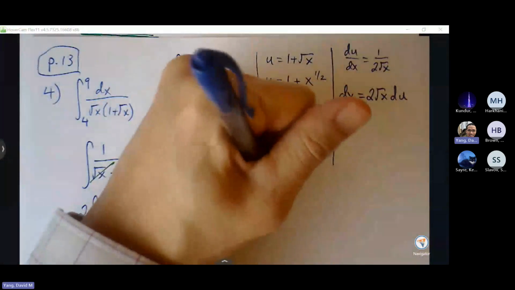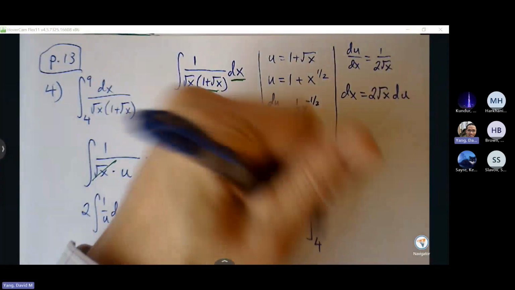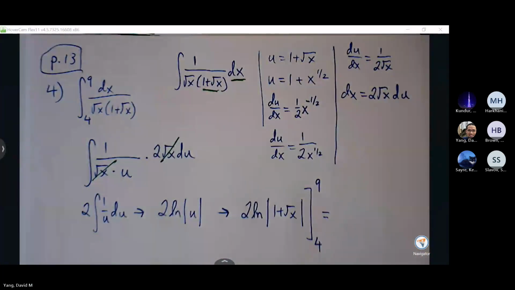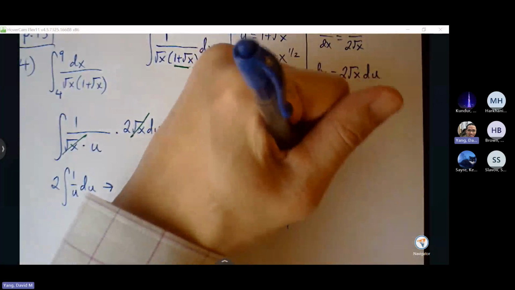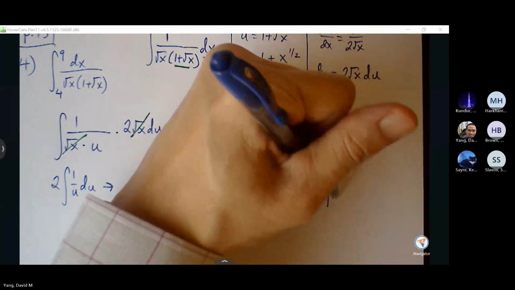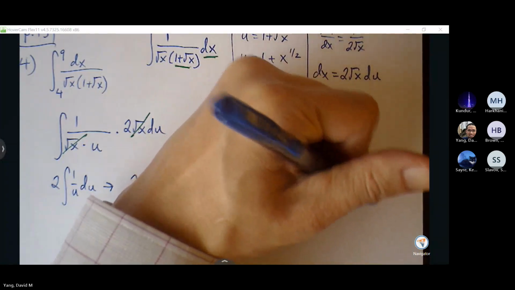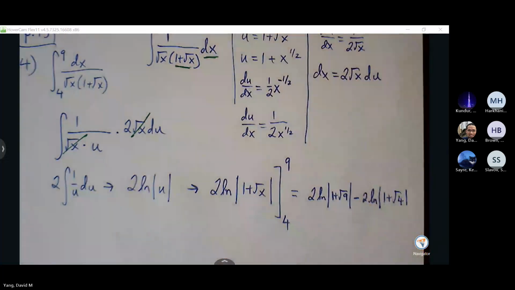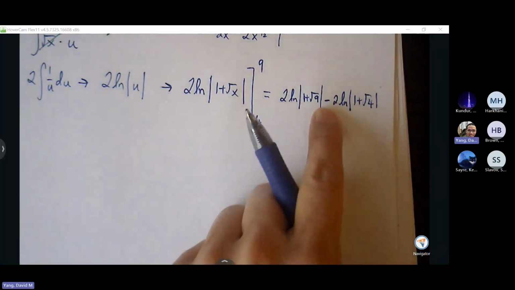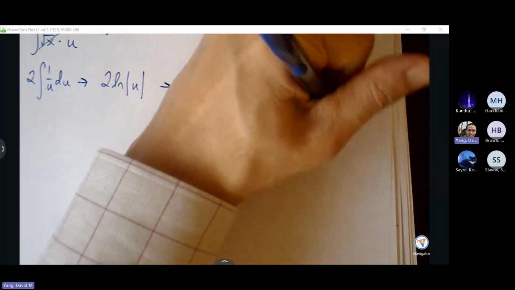Bring the x back. And then use 9 and 4. Upper bound first. So root 9 is 3, 1 plus 3 is 4, so 2 natural log of 4 minus 2 natural log of 3.